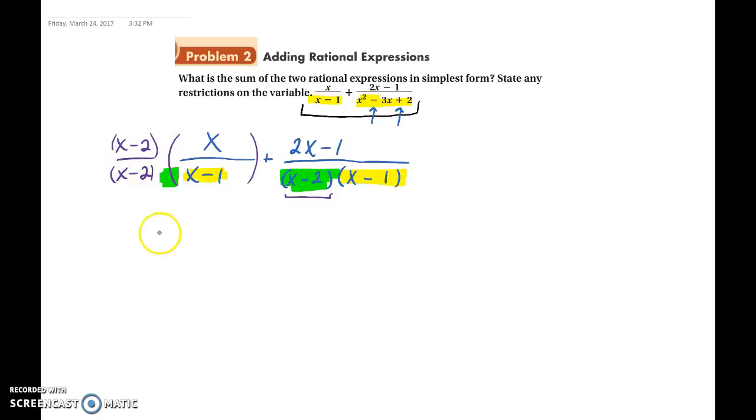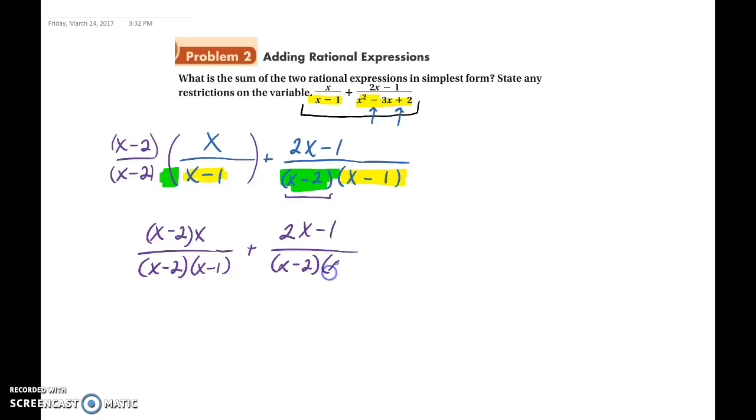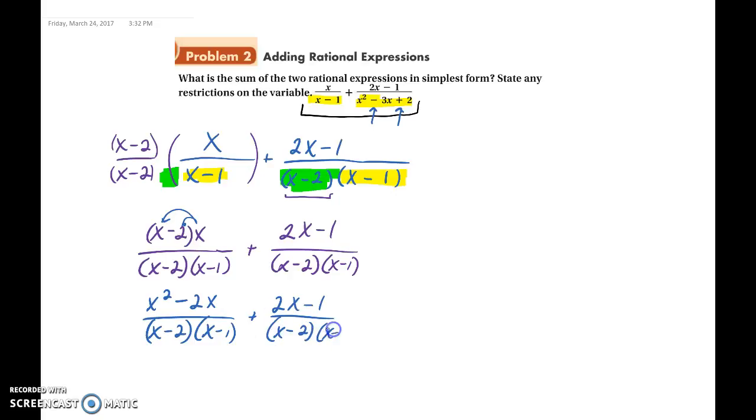But now we will have x minus 2 times x over x minus 2 times x minus 1, plus 2x minus 1 over x minus 2 times x minus 1. We will distribute this x in, so then we get x squared minus 2x over x minus 2 times x minus 1, plus 2x minus 1 over x minus 2 times x minus 1.